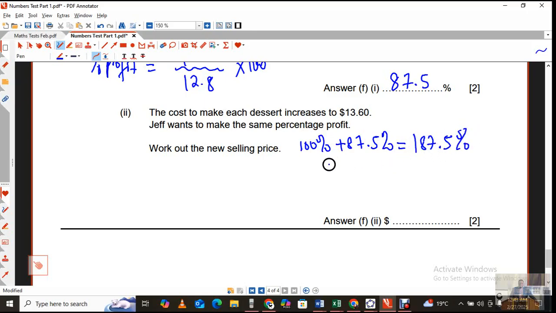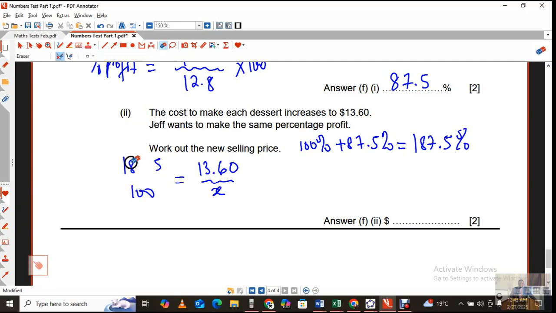That 187.5%, because it's a profit, will be equivalent to the $13.60 that the cost is increasing to. So we need to find that amount. No, that's not the correct comparison.